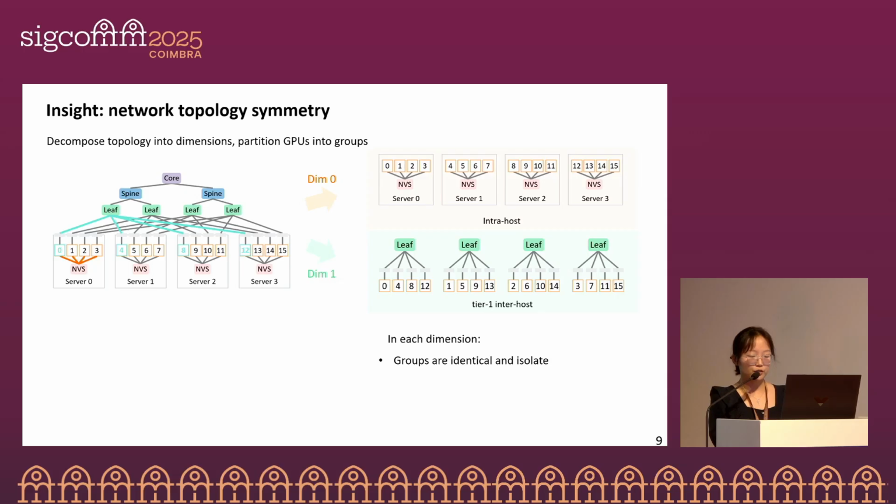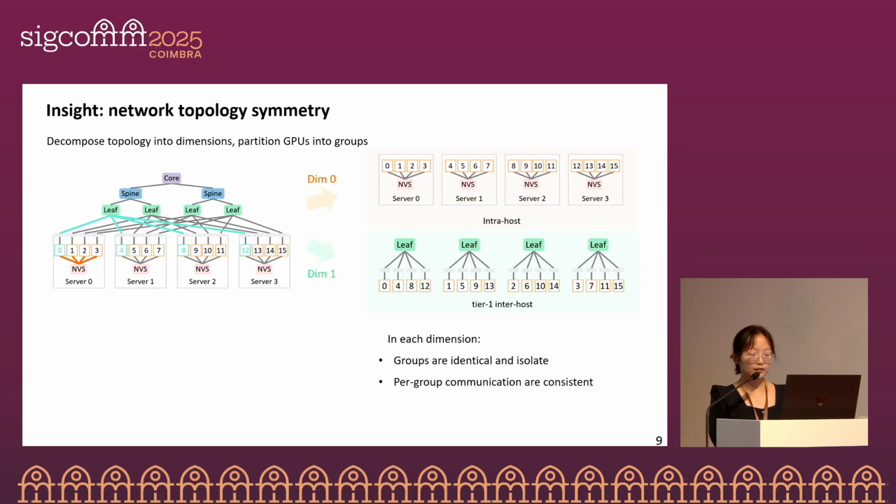In each dimension, all groups contain the same number of GPUs and the same link characteristics. They are identical. The groups are also isolated. That is, GPUs in different groups can only reach each other through other dimensions, and only GPUs within the same group can reach each other in this dimension.